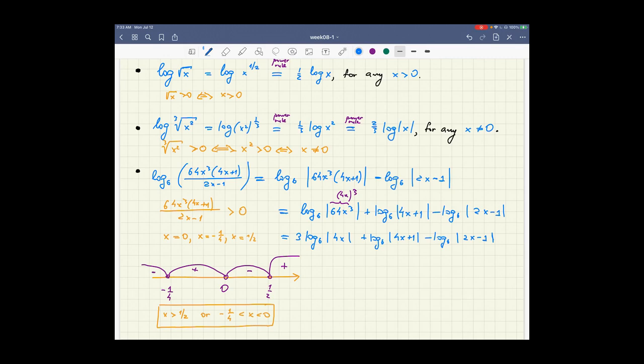Now, can we simplify it any further? We can. I could again apply the product rule to this term for 4x and write that this is 3 times log 6 of absolute value of 4 plus log 6 of absolute value of x.